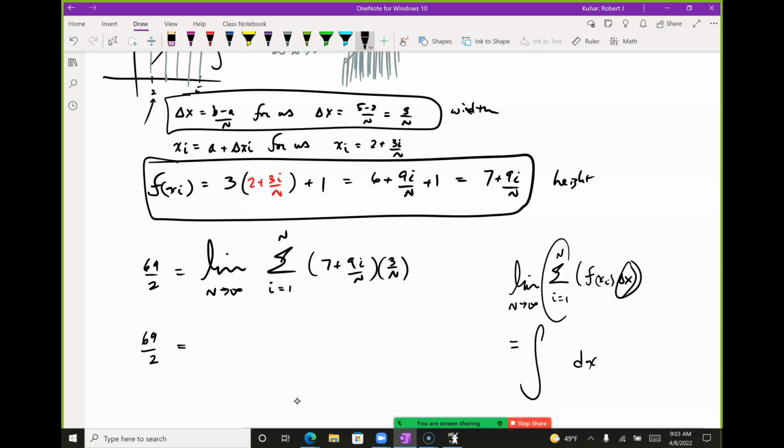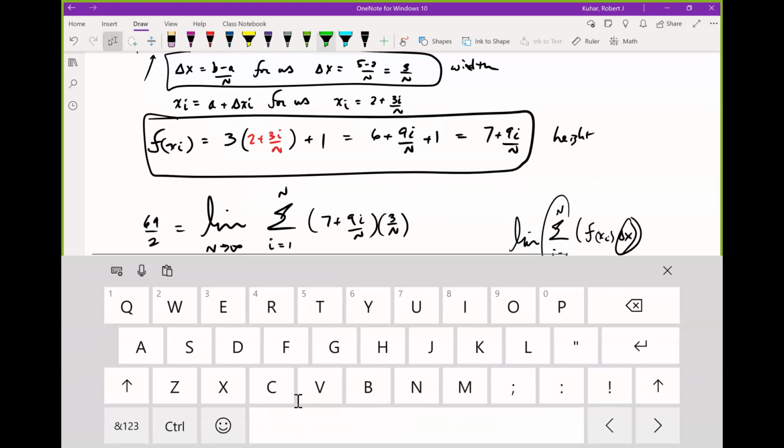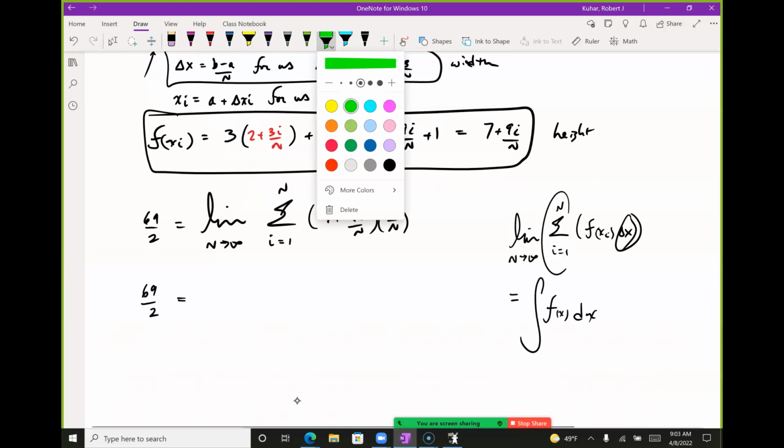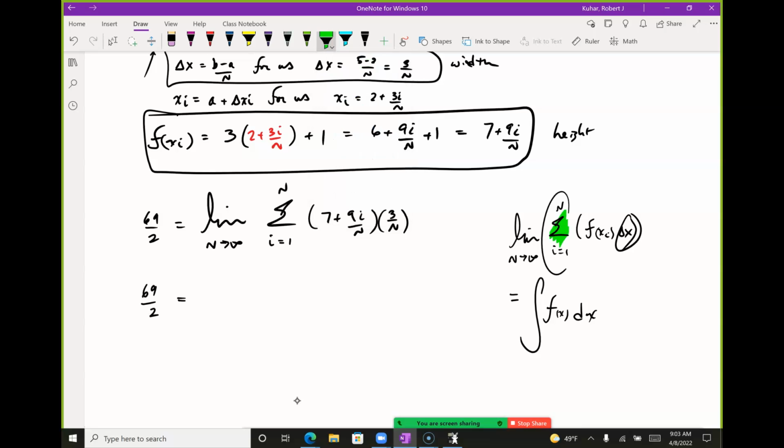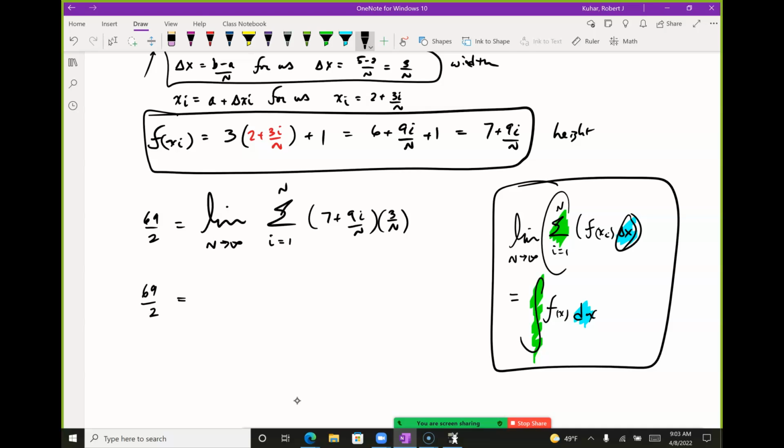Infinitely small widths of the rectangles. And of course my function is still f of x. So that's kind of a beautiful little piece of this, is that this letter S becomes the integral, which is a letter S. And the delta x becomes dx. So it's useful reusing the letters. And that's why math hits us up with the Greek alphabet so much.